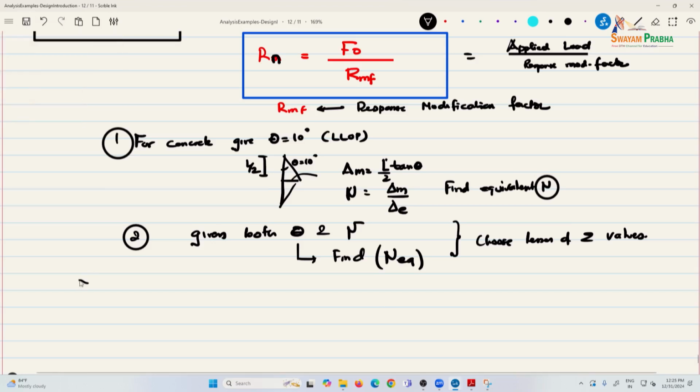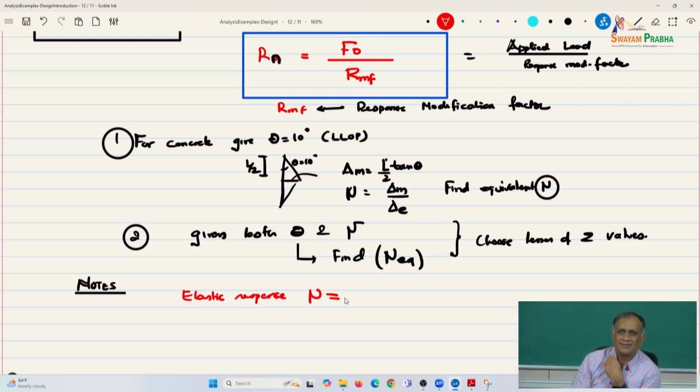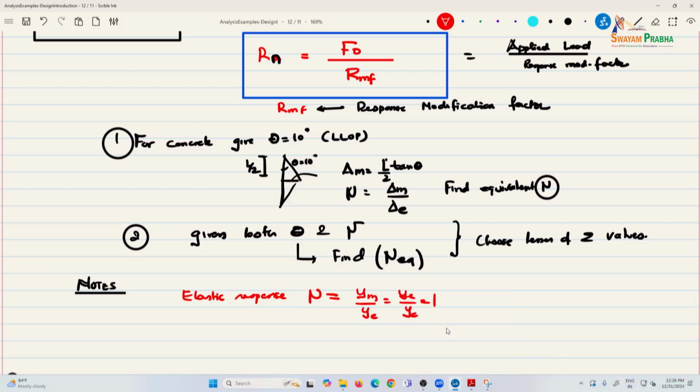Now, just some side notes. If you have an elastic response, what is mu? It's easy. 1, right? This is delta y by delta y, which is 1, right? So, what does this tell you?